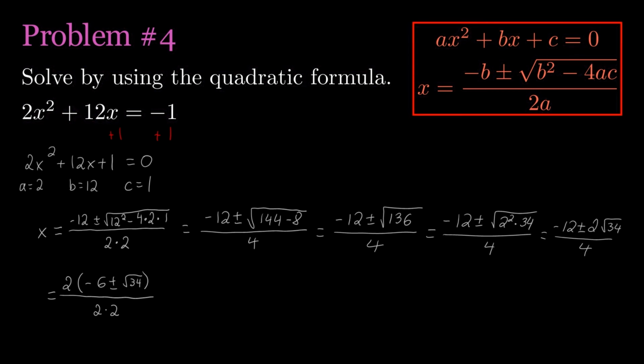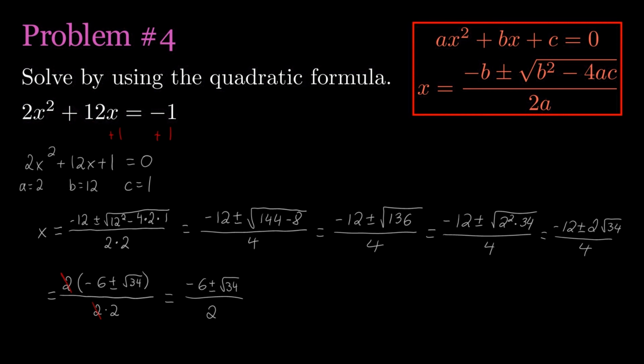So if we simplify, divide out one of those 2's as factors of both the numerator and denominator, then we get negative 6 plus or minus the square root of 34 divided by 2. Often it will be left in that form.